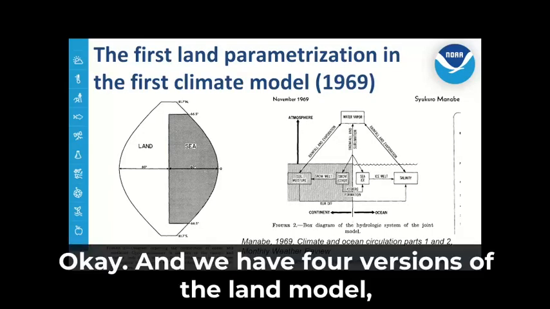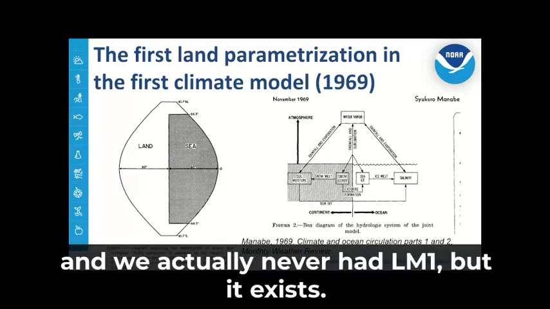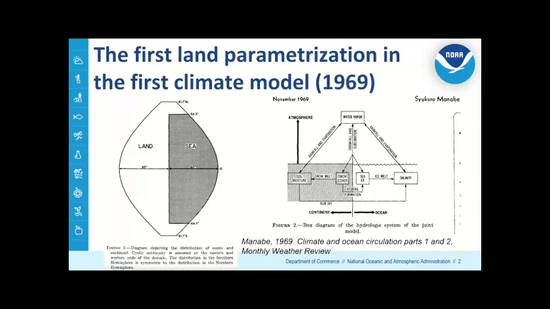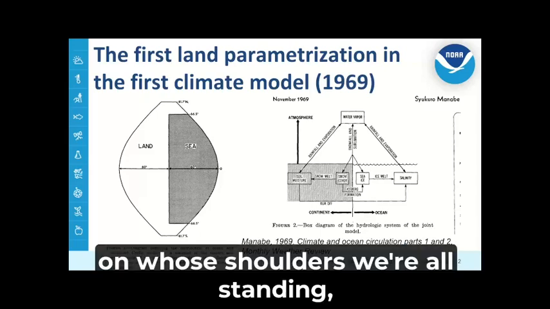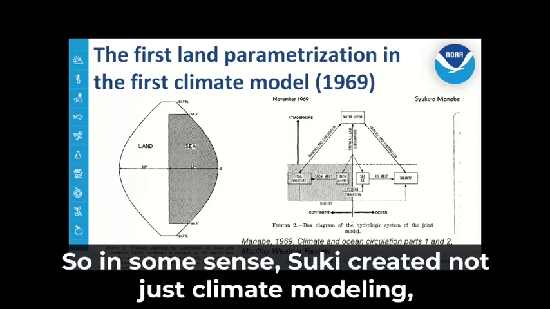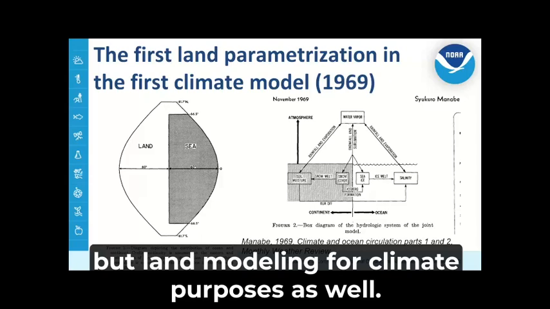Okay, we have 4 versions of the land model, and we officially never had LM1, but it exists. In that sense, that's a giant on whose shoulders we're all standing, and that giant is Suki. In some sense, Suki created not just climate modeling, but land modeling for climate purposes as well.